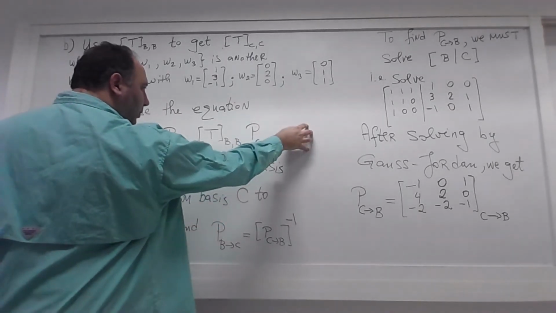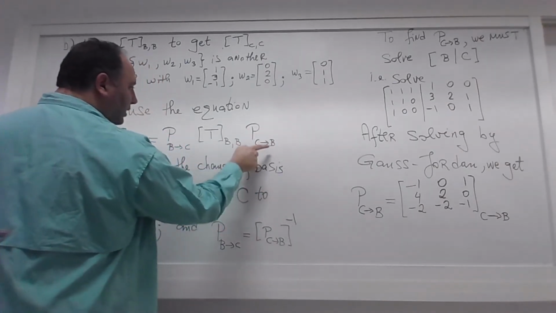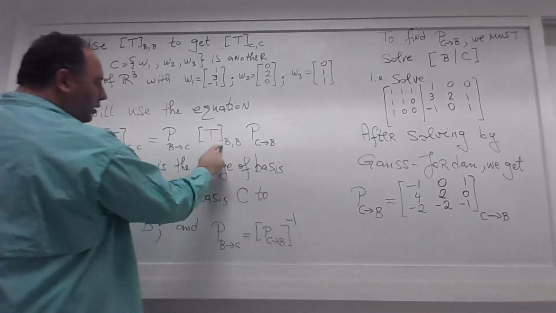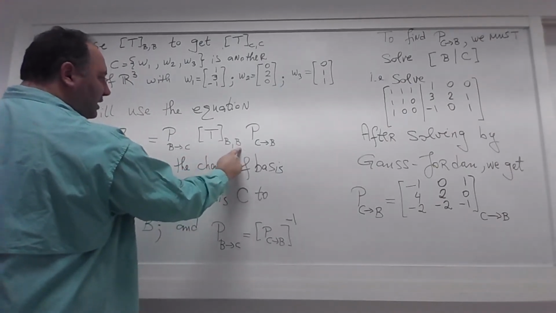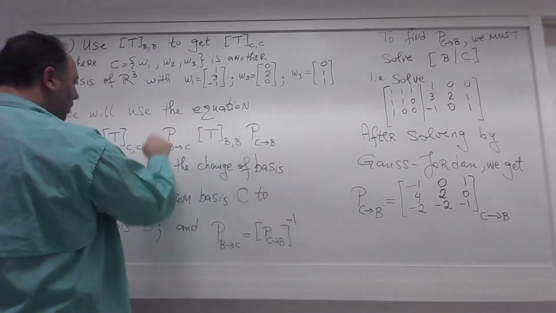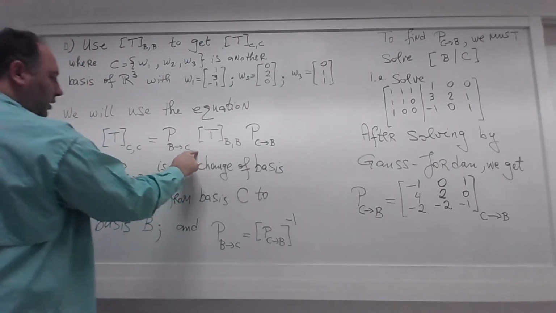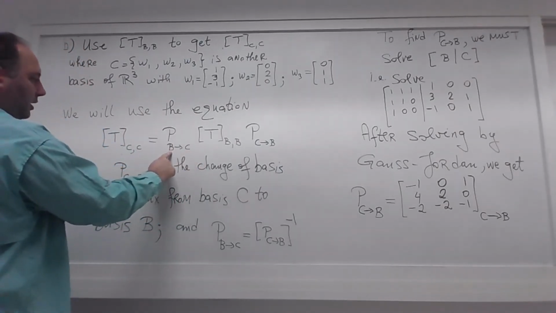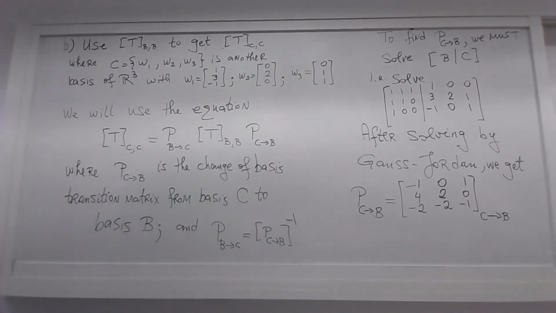So we'll multiply by coordinates in C. This will convert them into coordinates in B. This one here does the job of the linear transformation, gives results in coordinates in B, and we convert those coordinates using the change of basis transition matrix from basis B to basis C. That's how it works.